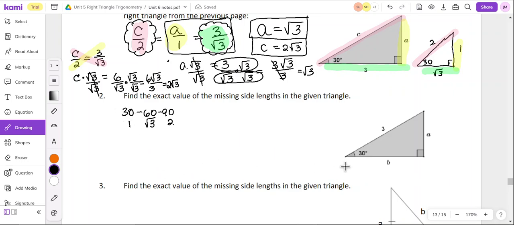Okay, what's the side across from 30? From the triangle, what's the side across from 30? Say it. A. What's the side across from 60? So this one is 60 right here. B. And what's the side across from 90?